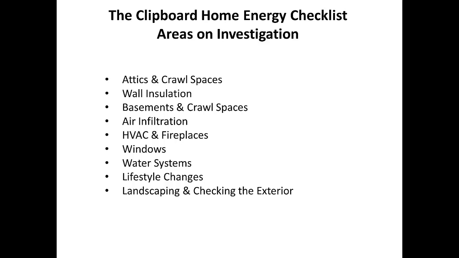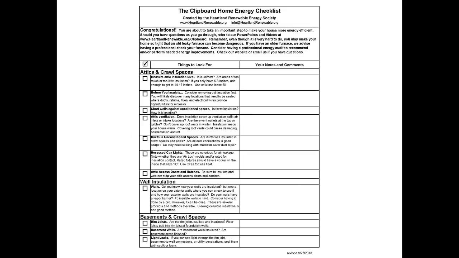We look at HVAC, which stands for home ventilation and air conditioning, and fireplaces. Look at windows, look at water systems, look at lifestyle changes, and then look at landscaping and checking the exterior of the house.